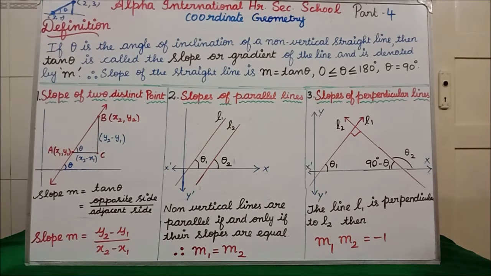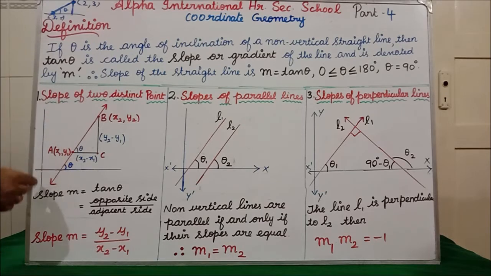Clear? How this formula arrived: slope m is equal to tan theta, we know. Tan theta means opposite side divided by adjacent side.